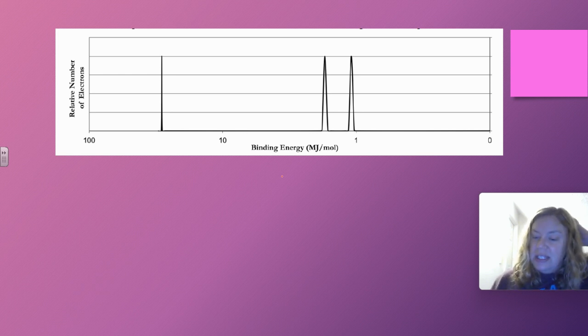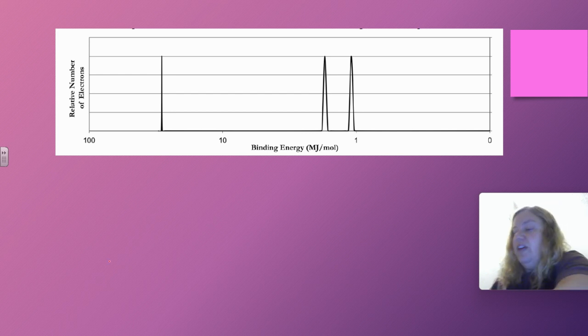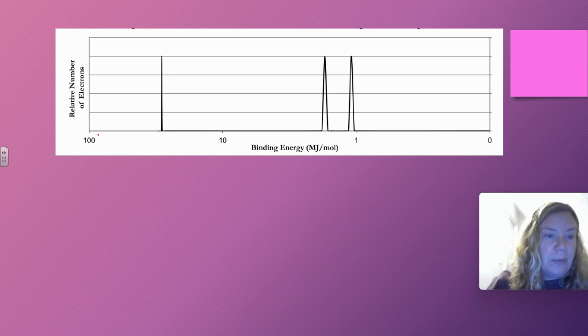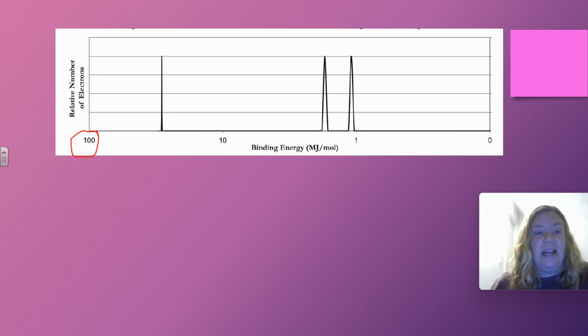So let's take a look at the output of this. Usually this photoelectron spectrum, which is what you'd call it, is spit out of a computer. What I want you to see is that you look at the peaks and the relative size of the peaks. You start and find the highest binding energy on your output, which is where your nucleus would be, and then you work your way out.